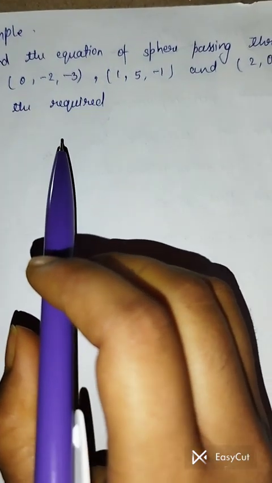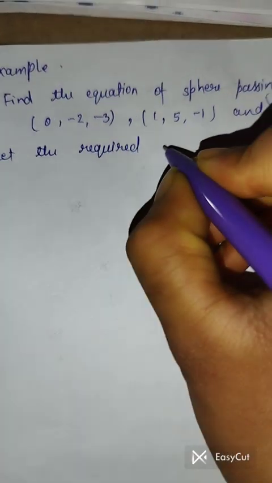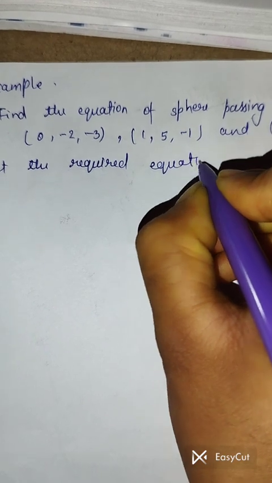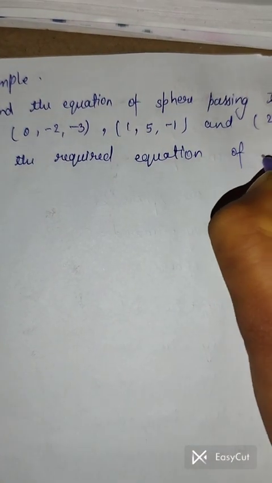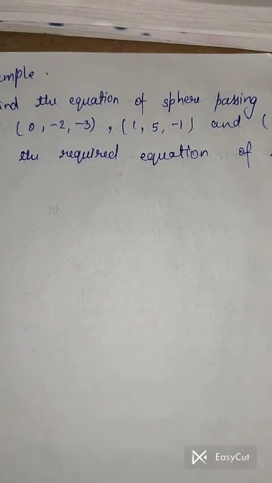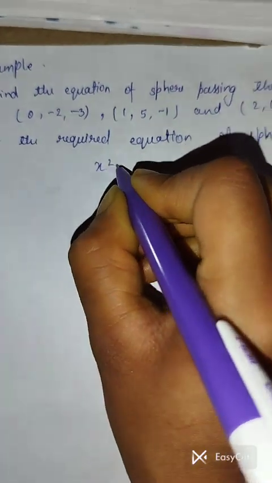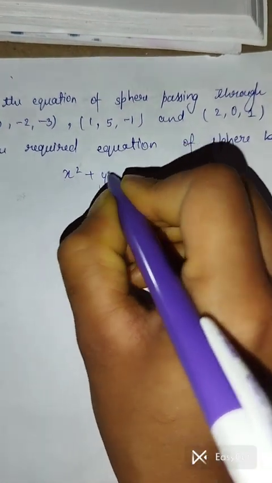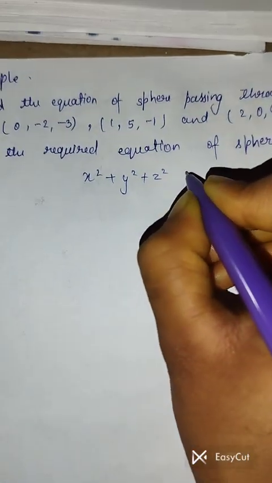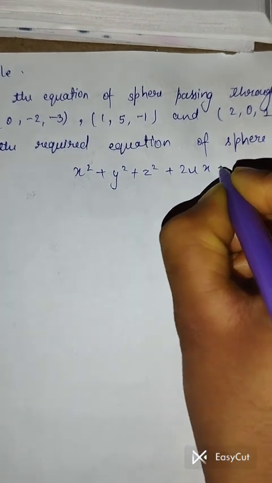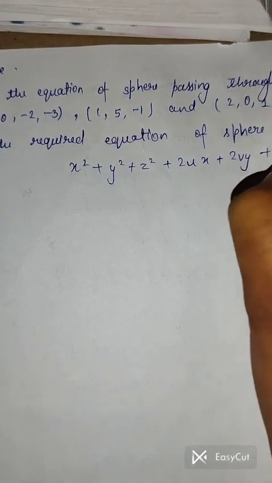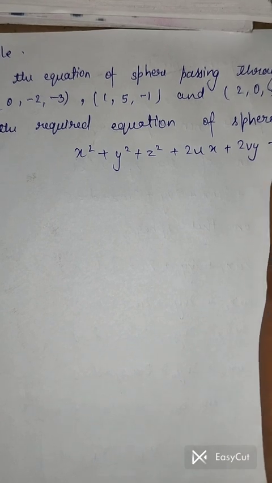So for this, let the required equation of the sphere be x square plus y square plus z square plus 2ux plus 2vy plus 2wz plus d is equal to 0. We have taken this equation as equation number 1.